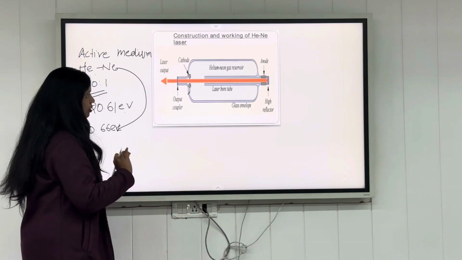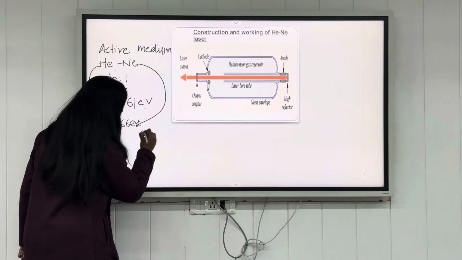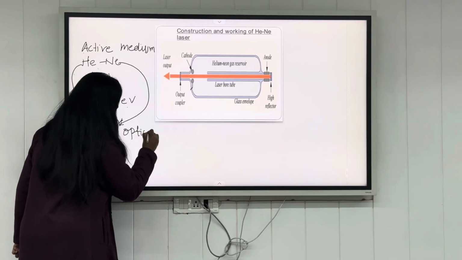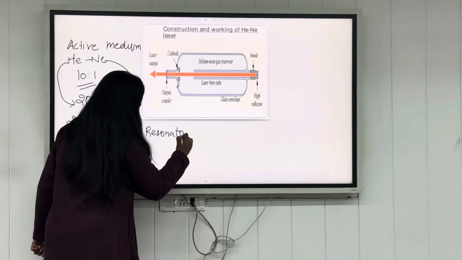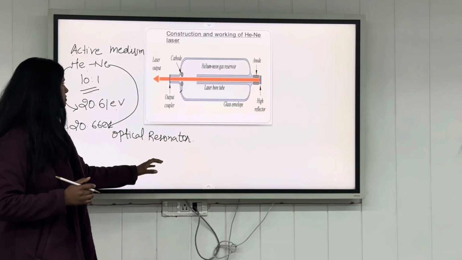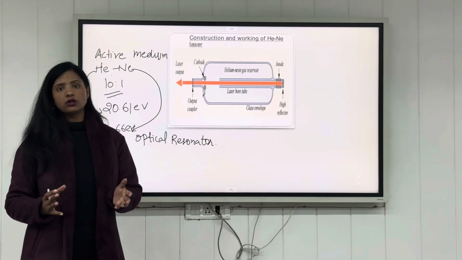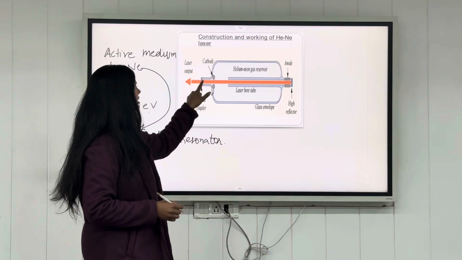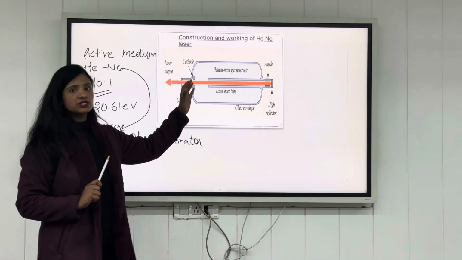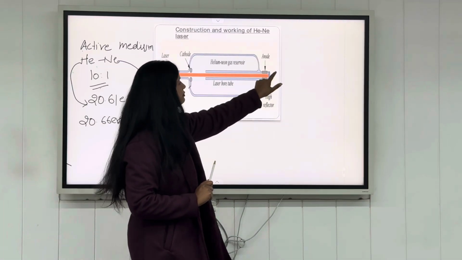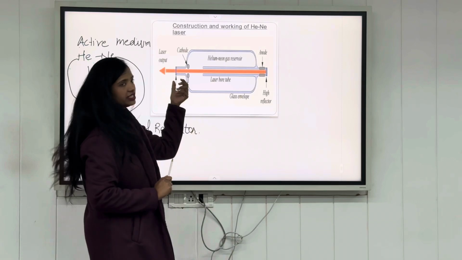Now, the second component is optical resonator. The optical resonator will be the same throughout all the lasers. Here it is parallel concave mirrors placed parallel to each other. One is fully reflective and the other one is partially reflective.